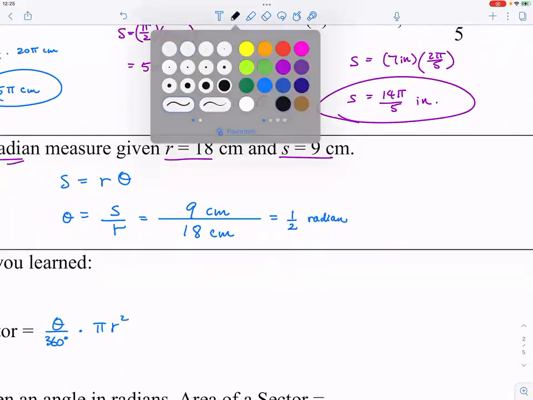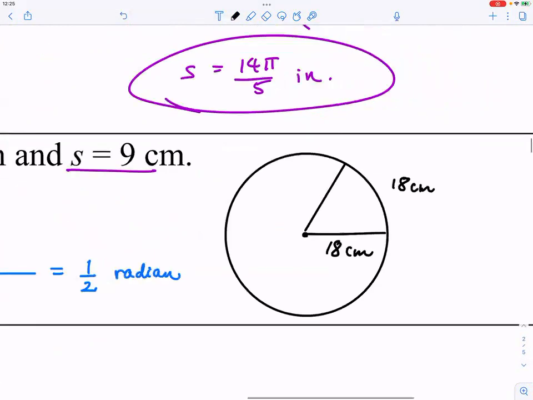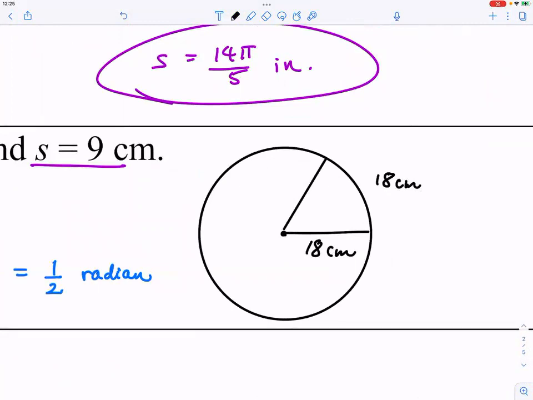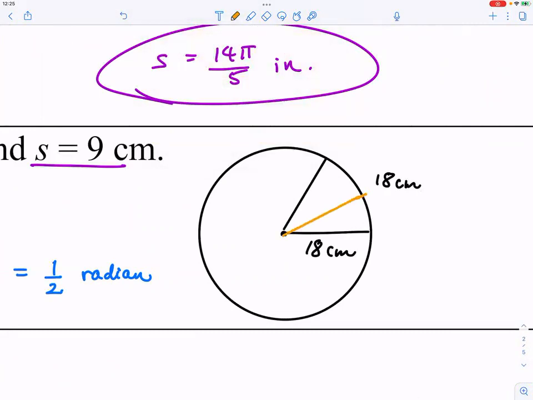If you know how to create a picture in your head, then you'll be able to say, oh yeah, the radius is 18 centimeters. And you would also know that if the arc length is exactly 18 centimeters, then you have one radian. And what's the arc length right now? The arc length right now is 9 centimeters long. So does it make sense to have half a radian?